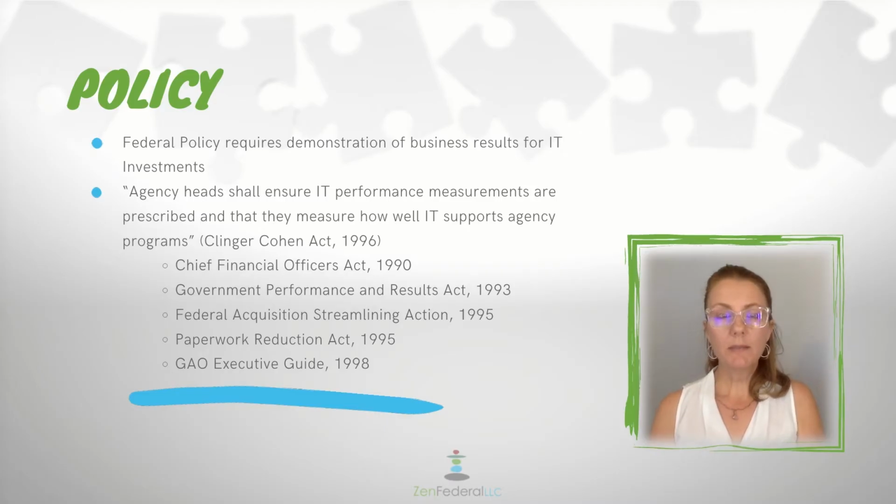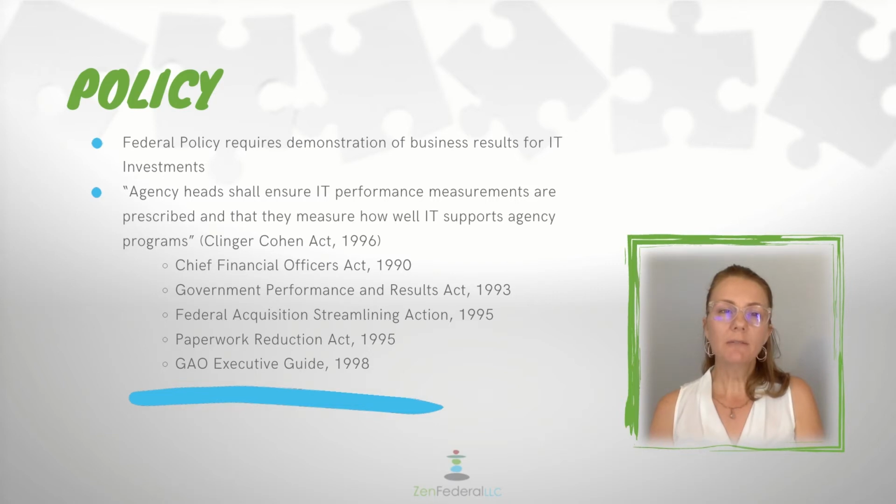From a policy perspective, there are a number of legislative drivers and enablers that govern how we implement policy and how we measure performance for specific types of capital asset investments. With regard to IT, several policies apply that stem from the Clinger-Cohen Act of 1996, the Chief Financial Officers Act, GPRA, or Government Performance and Results Act, FASA, or Federal Acquisition Streamlining Act, Paperwork Reduction Act, and the GAO Executive Guide.